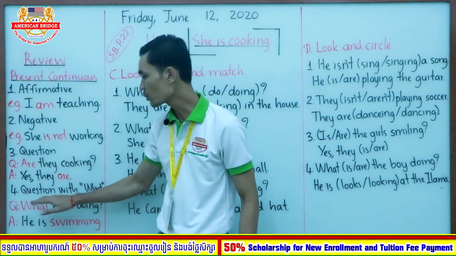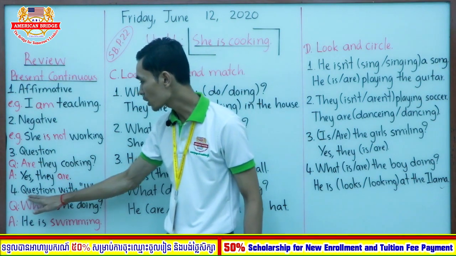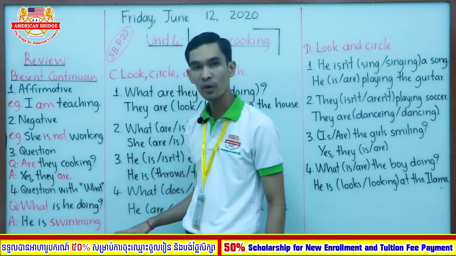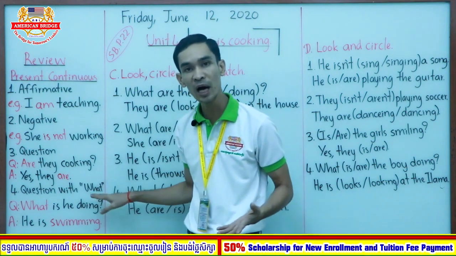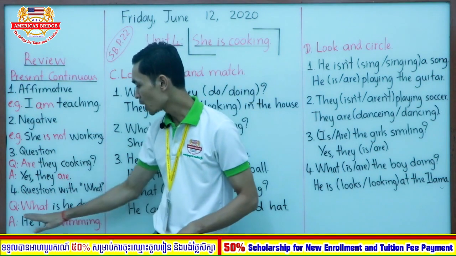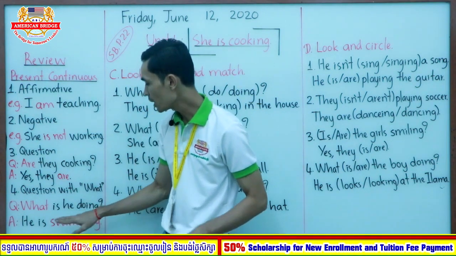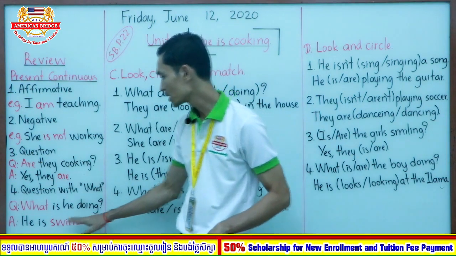Okay, and one more. It is the last part of our lesson. It is about question with what, right? Did you remember yesterday? This is the last part of our lesson, right? Okay. Question with what? So what plus be plus subject plus verb ing.